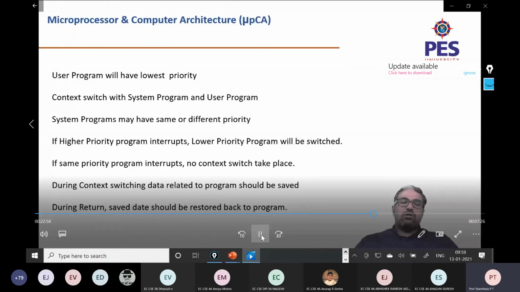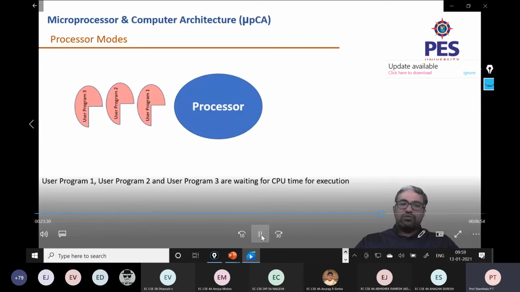So I need to save all my temporary data in some place, so that when I resume my execution, I'll start from the point where I stopped the execution, not from the beginning. So I need to store the temporary data someplace. How it will be done is what we are going to learn in the next session when we learn about the registers, right?